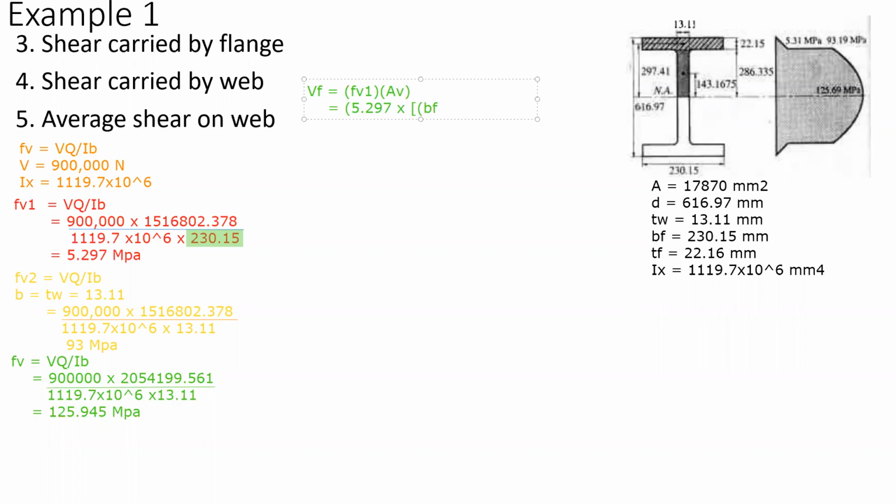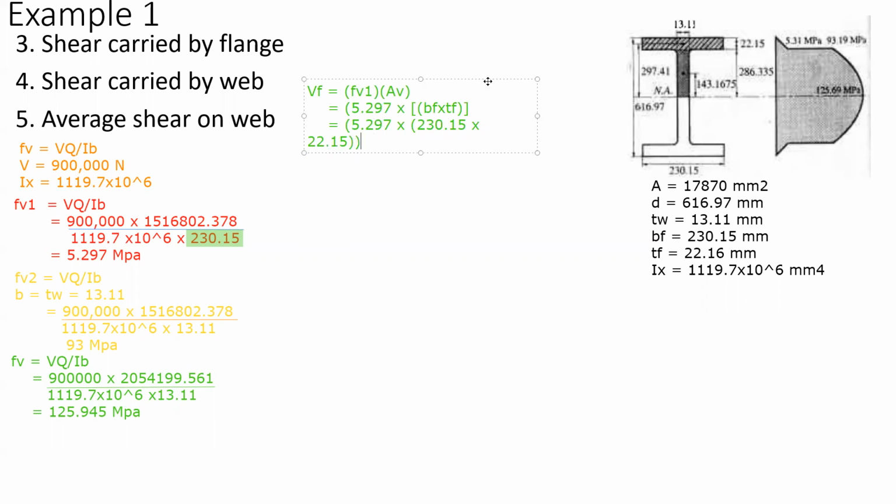BF times the thickness of the flange, or TF. And then let's put in our values. This is 5.297 times 230.15 times 22.15.